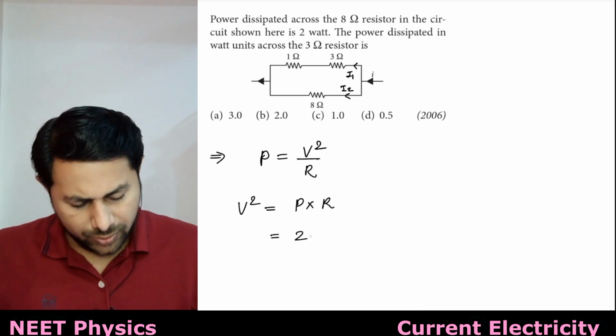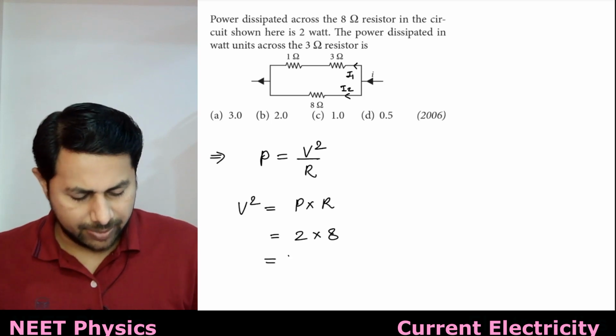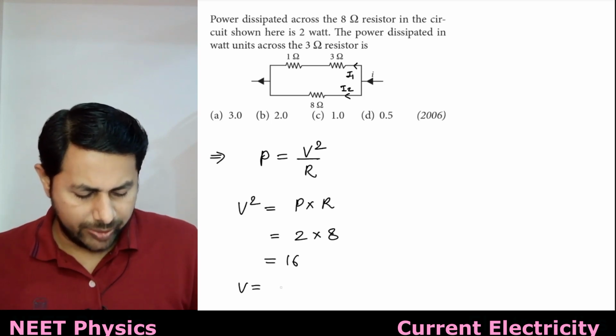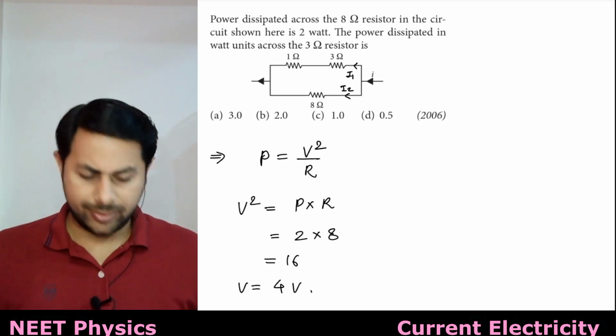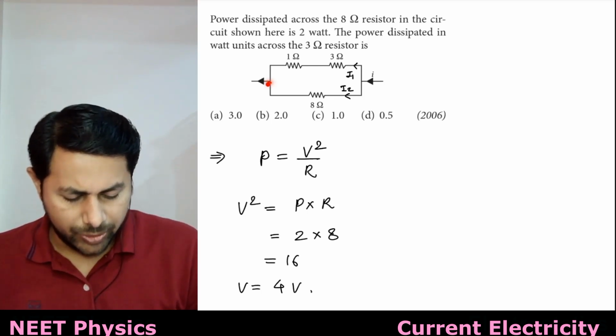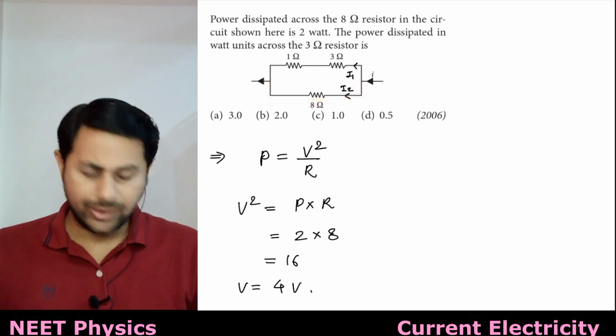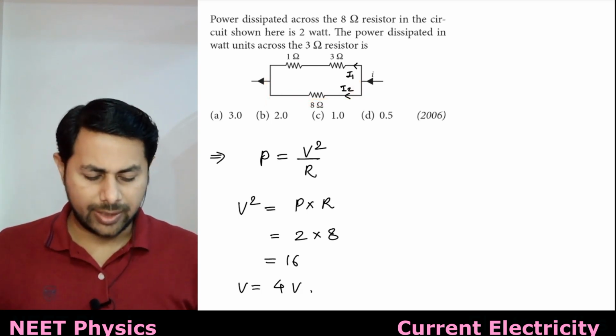Power is 2 and resistance is 8, so V square is 16. So V is equal to 4 volts. So we got the potential difference across this branch, 4 volts.